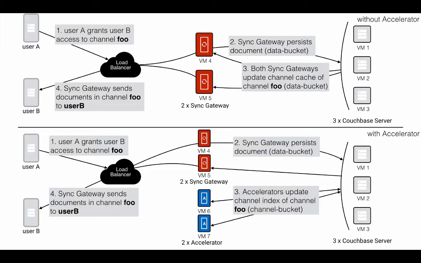The SyncGateway nodes simply have to read this new index bucket and don't have to do any of the work of assembling it. So you've split this logical work into two pieces, which allows you to scale it more easily.